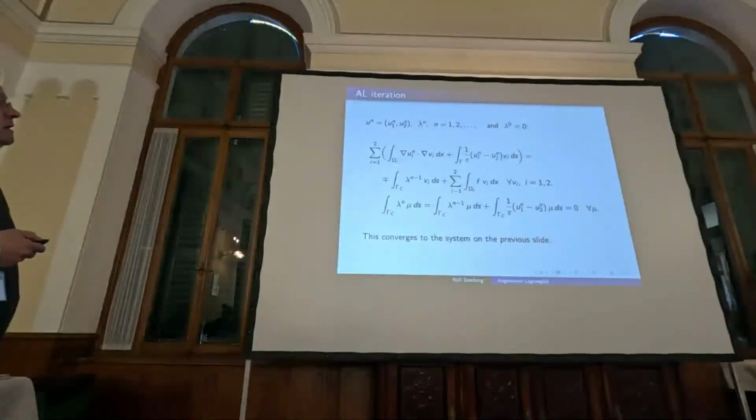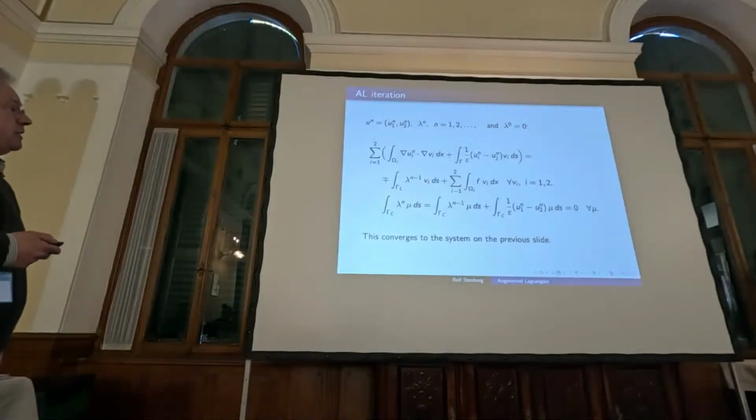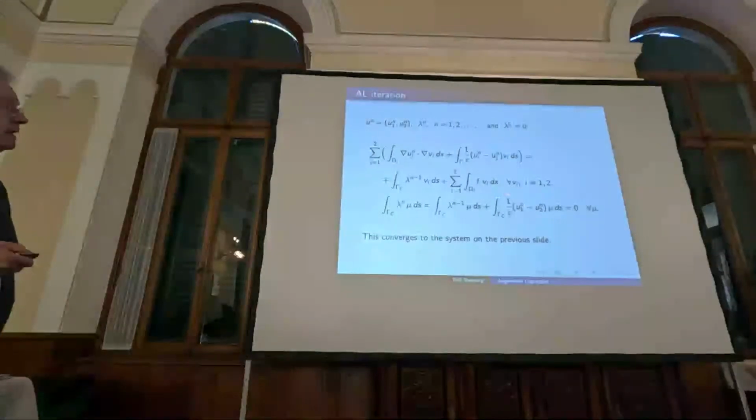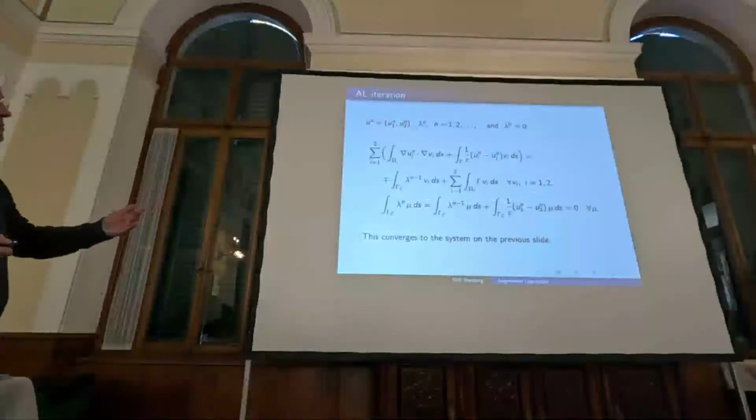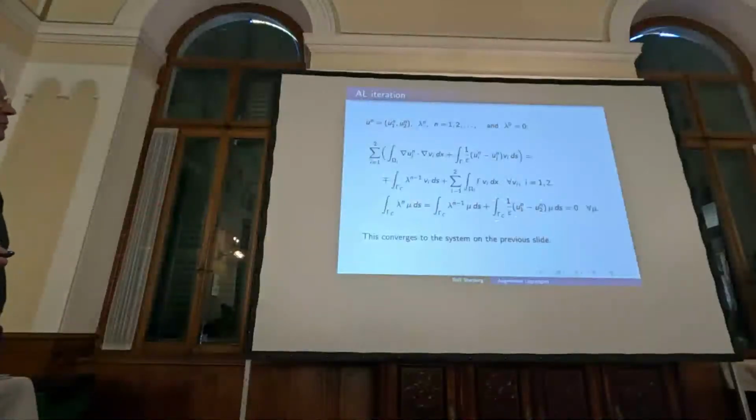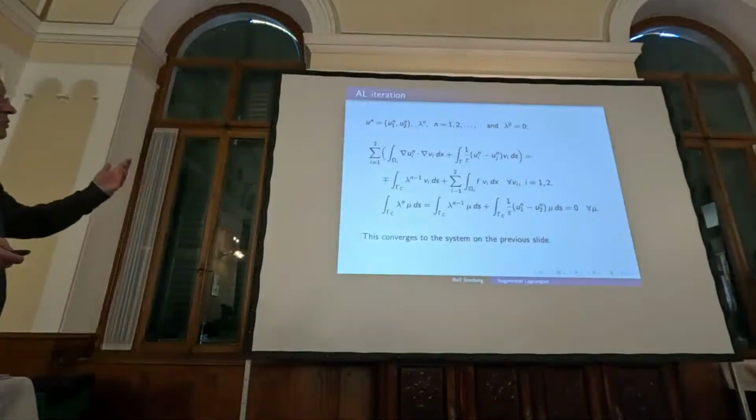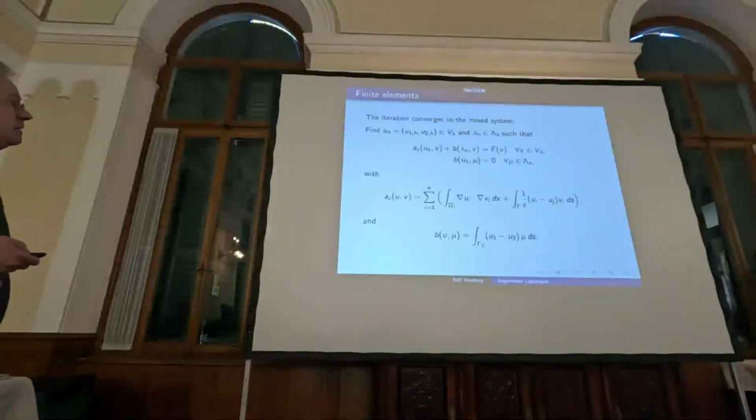Here again, you throw the term with the Lagrange multiplier on the right-hand side, use the previous Lagrange multiplier approximation, solve for this one, and then update the Lagrange multiplier. On the continuous level, it's not difficult to prove that this converges to what you had on the previous slide.